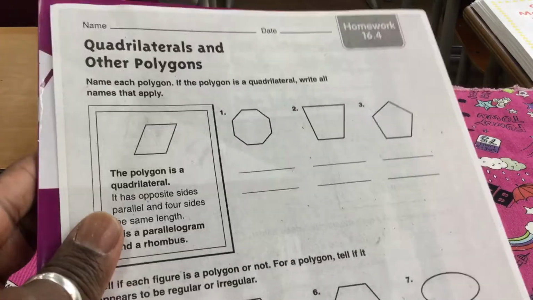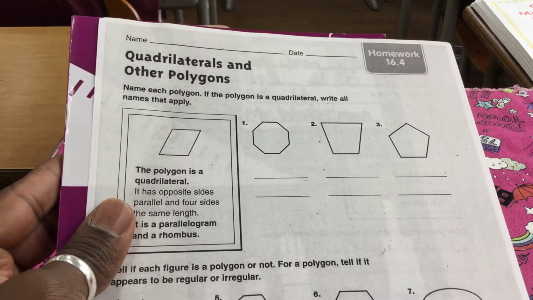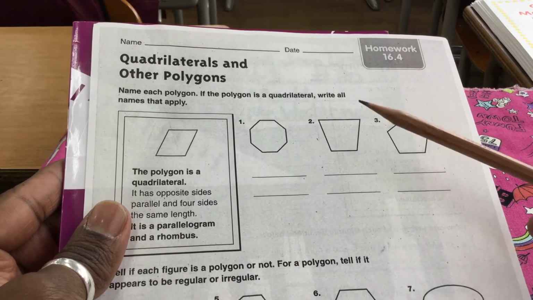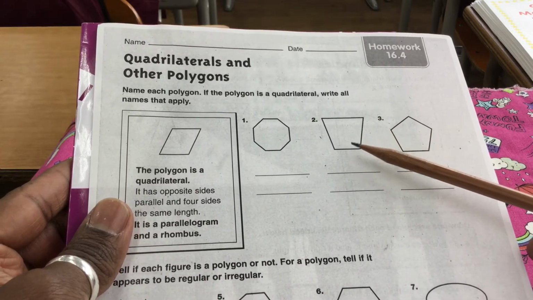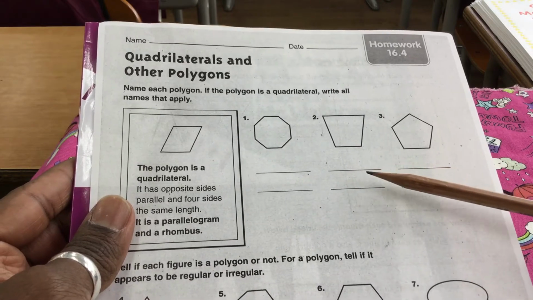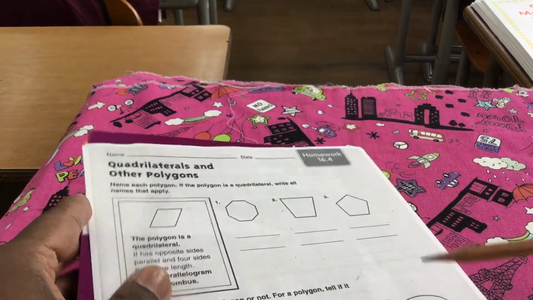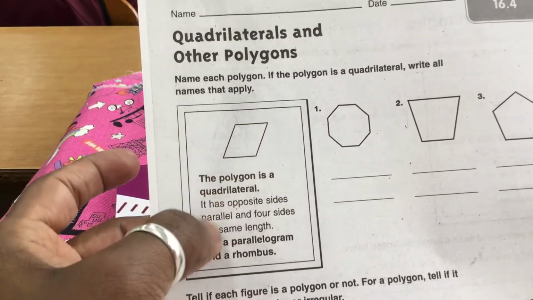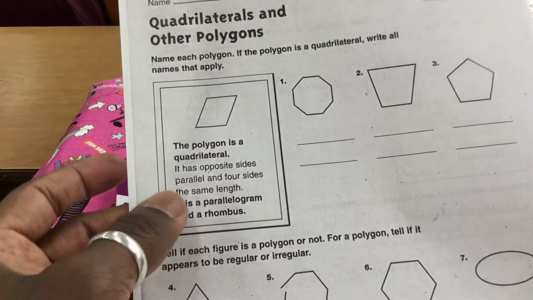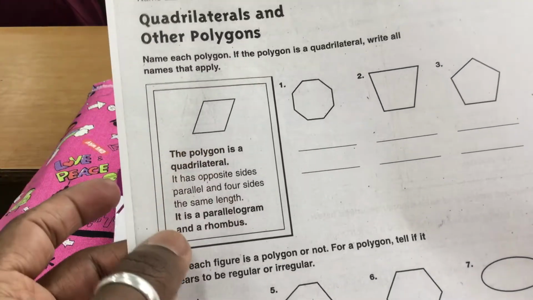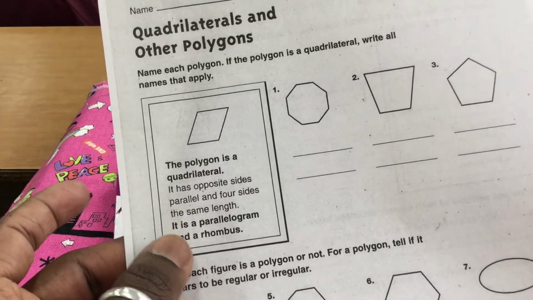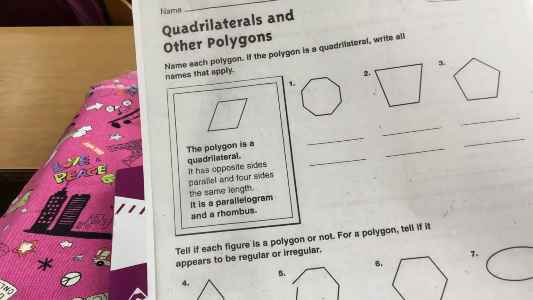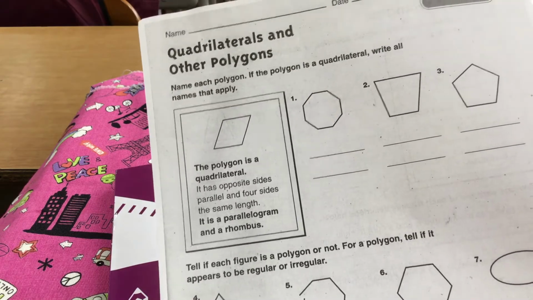For tonight's homework, you have to name each polygon. If the polygon is a quadrilateral, you have to write all of the names that apply. Okay? Please remember, if the polygon is a quadrilateral and it has opposite sides parallel and 4 sides the same length, it is a parallelogram and a rhombus.